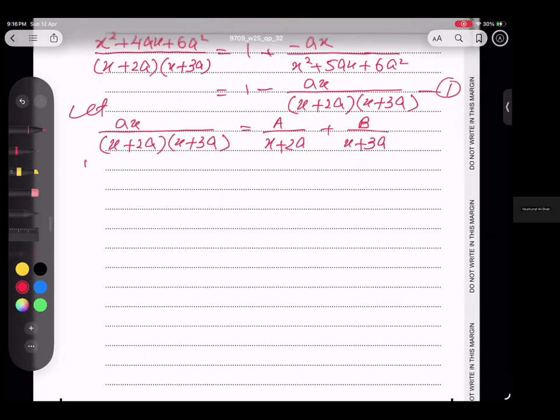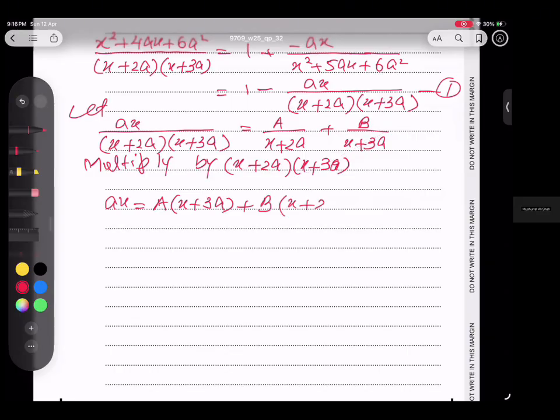So multiply the whole equation by the left side denominator. When I multiply, I get ax here, because this multiplies the whole factor. And when I multiply with this, this cancels out, so I get A times x plus 3a. And when I multiply with this factor, this cancels out, we get B times x plus 2a.